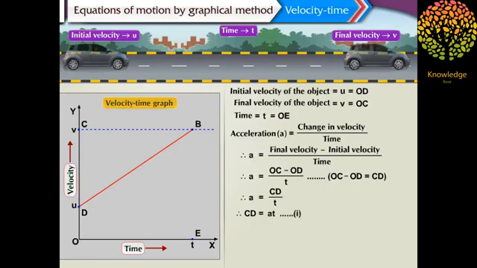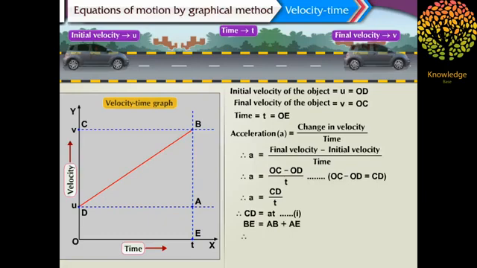Now, let us draw a line parallel to y-axis passing through point B. This line will cross the x-axis in point E. Then, draw a line passing through point D parallel to x-axis. This will cross the line BE at point A. From this graph, we understand that BE equals AB plus AE.